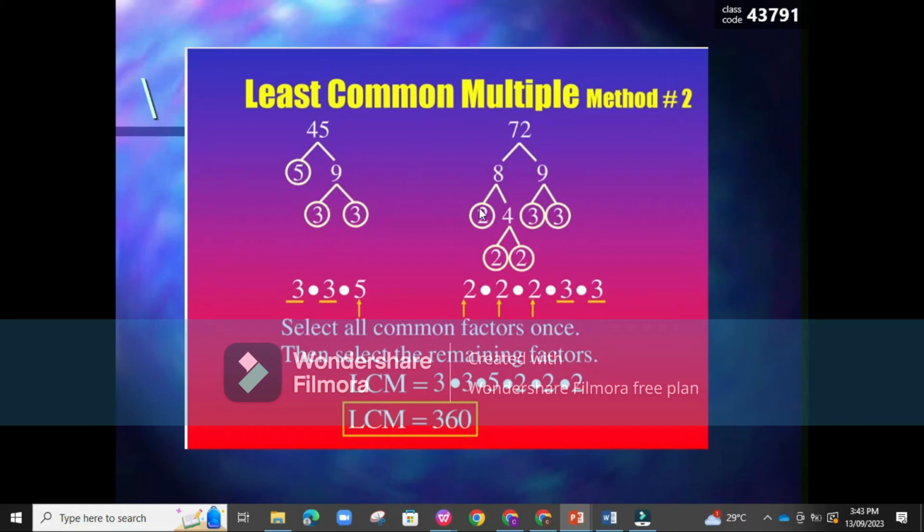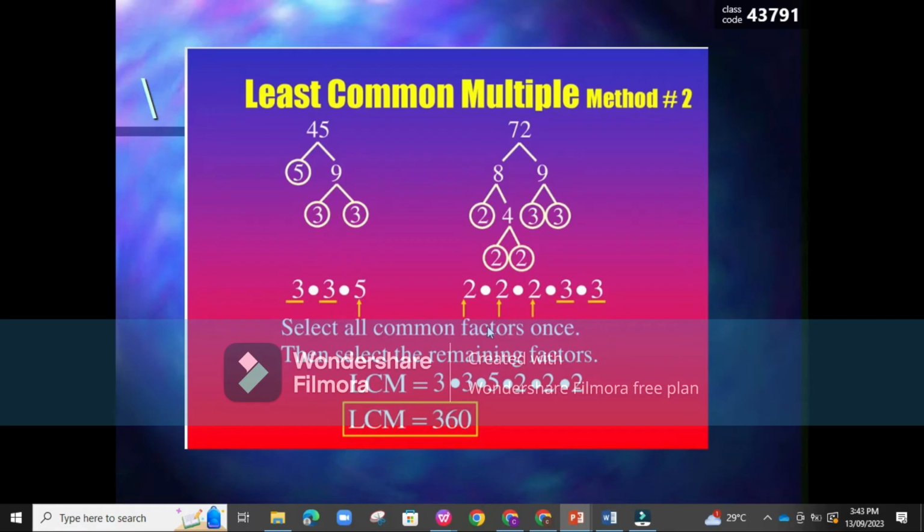So every prime factor you are going to encircle. So 8 times 9, then 8 is factorable. We have 2 times 4, and 4 can be factored out by prime factors 2 times 2. And for 9, the prime factors are 3 times 3. Then list down all the prime factors, you have 2 times 2 times 2, then times 3 times 3.